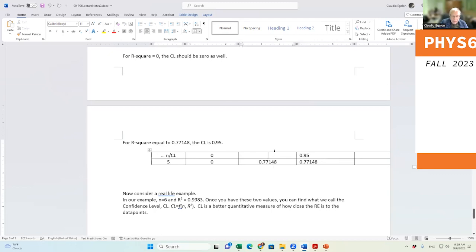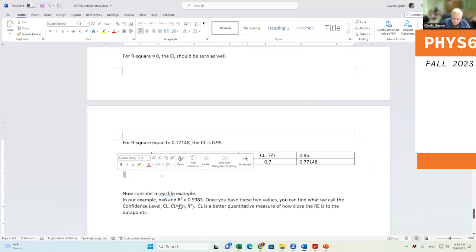I'm going to put my 0.7 so you can visualize it in a better way. CL equal to, you do not know because your table doesn't provide that to you. However, you can conclude that the CL is going to be anywhere between 0 and 0.95.